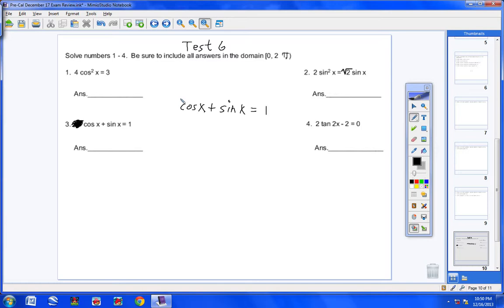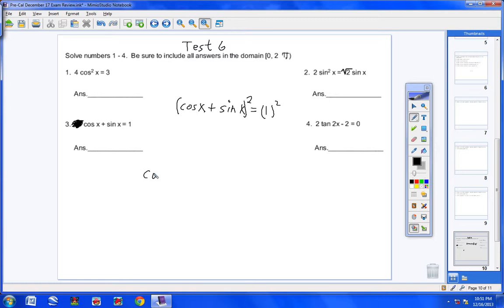So what I suggested is we go ahead and square this entire side. But if we square one side, we must square the other side. Now trust me, when you have cosine x plus sine x times cosine x plus sine x, you're going to get out a pretty long expression. In fact, I'm going to go ahead and write that down now. You're going to get this right here.